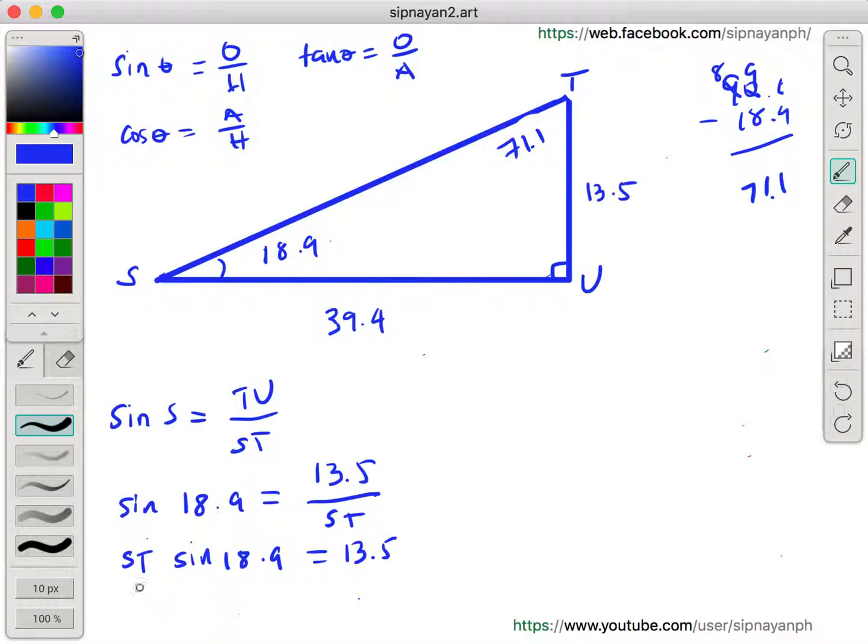Para makuha natin yung ST, we have ST equals 13.5 over sine ng 18.9. Okay? So meaning ST is equal to, ano ang sine ng 18.9?